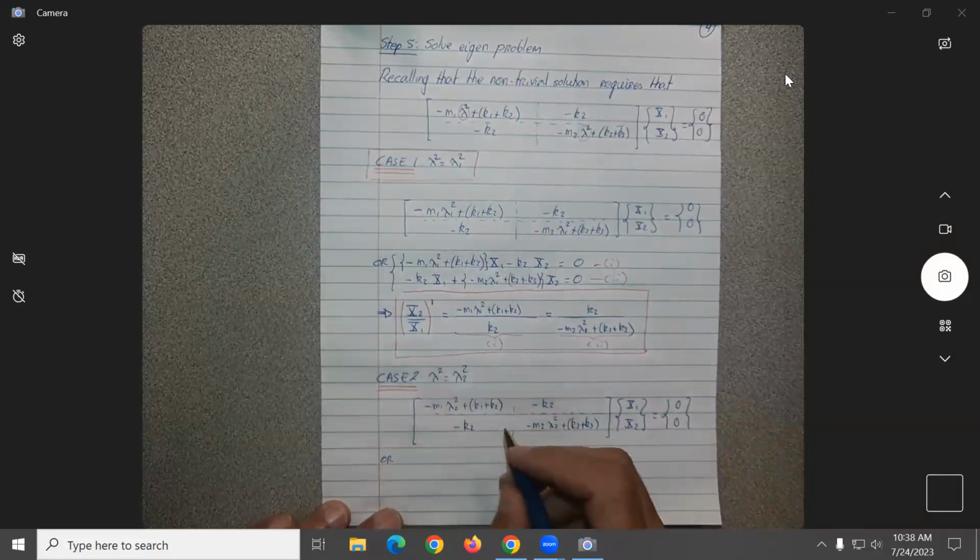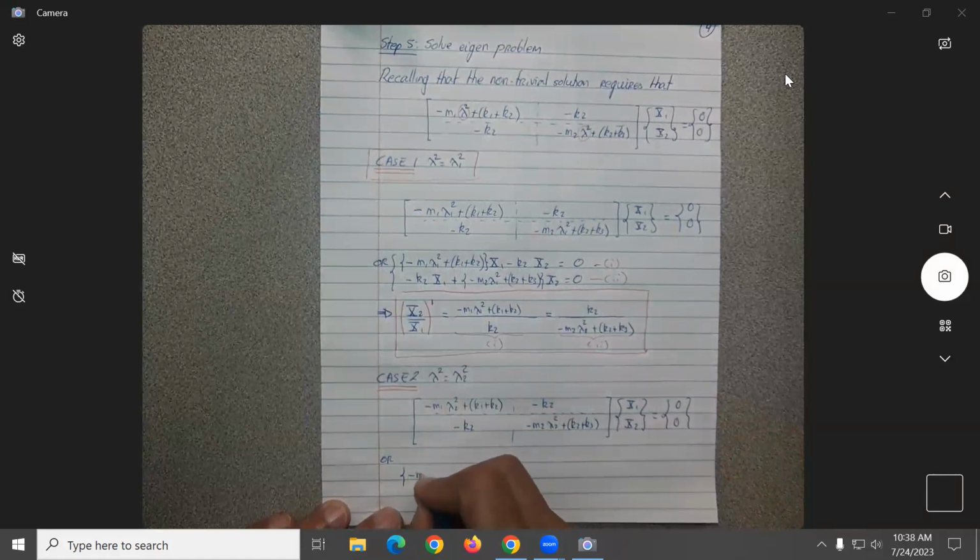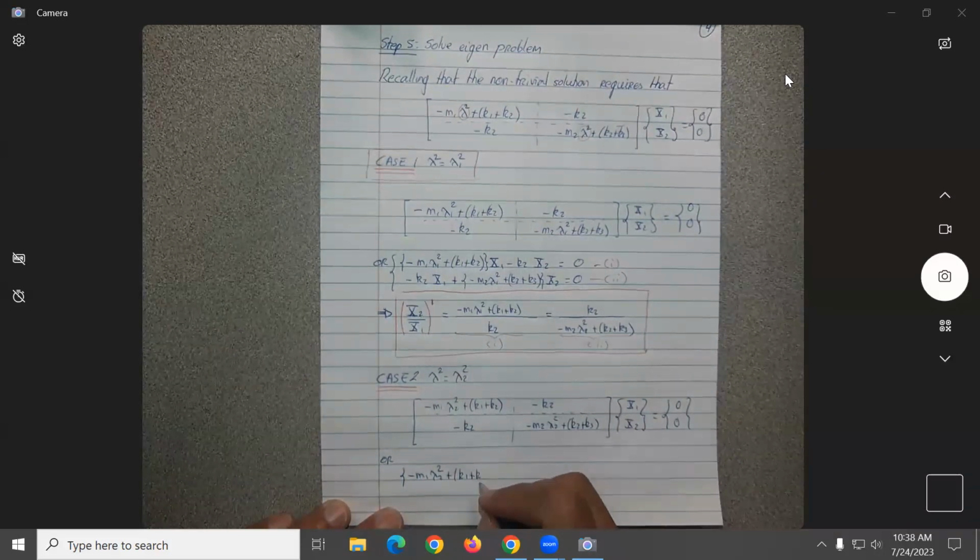Or I just write under the same formula here, minus M1 λ2 square, everything will be identical. The only thing you need to change is the sub-index for the lambda.